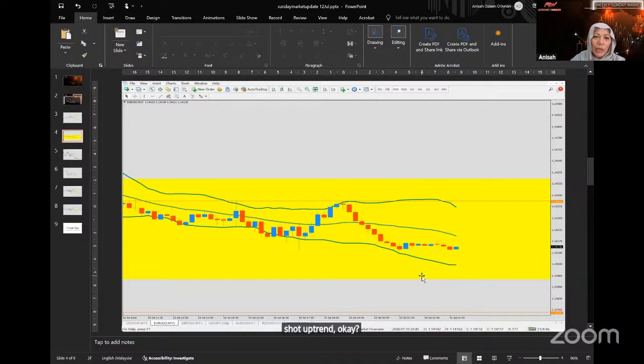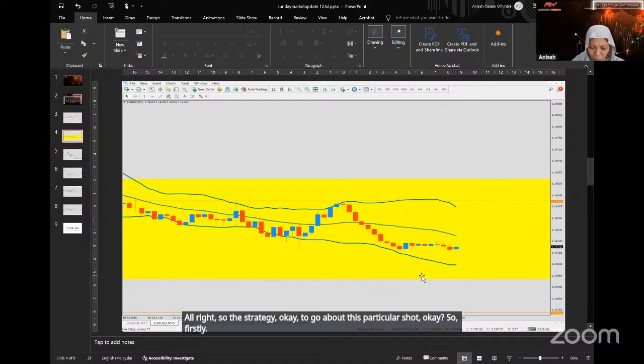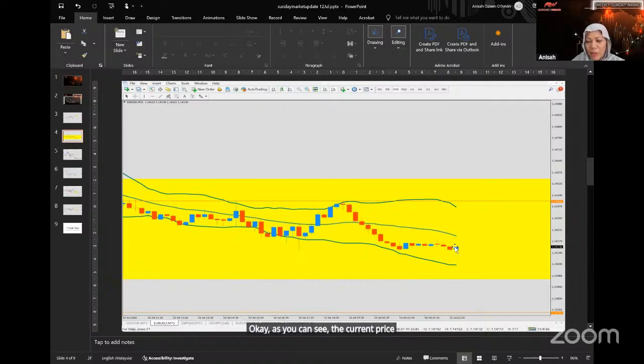All right, so the strategy to go about this particular short. Firstly, we will enter when price bounces to meet BB or 1.14199. As you can see, the current price is in between the mid BB and the lower band line.